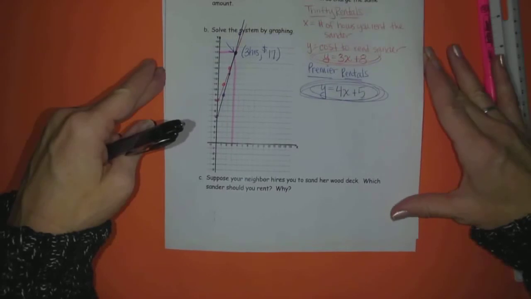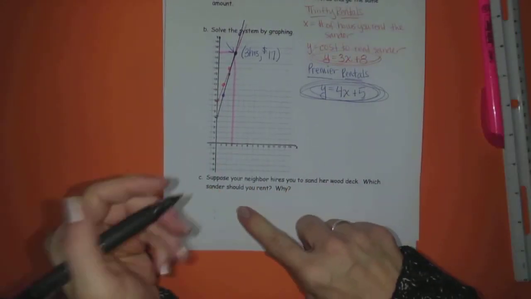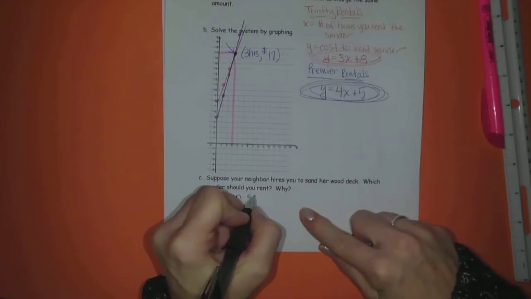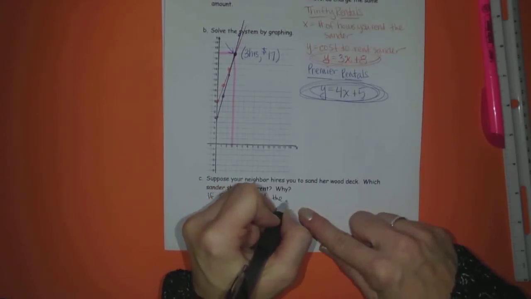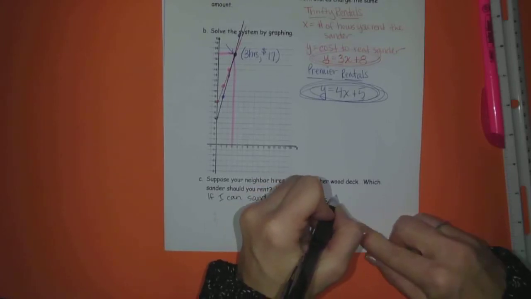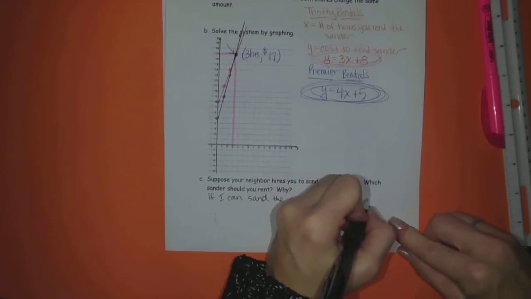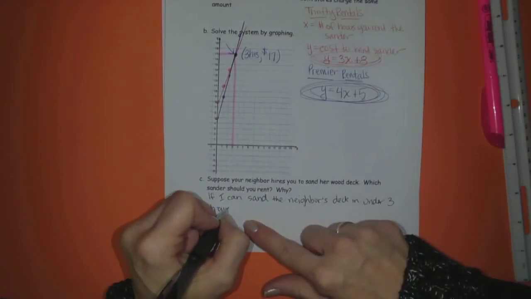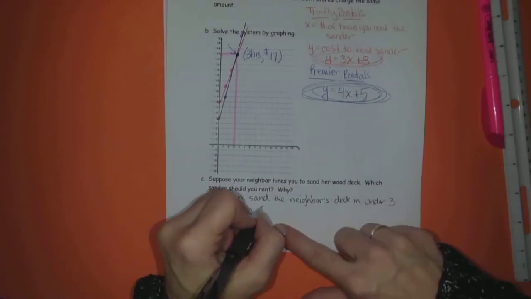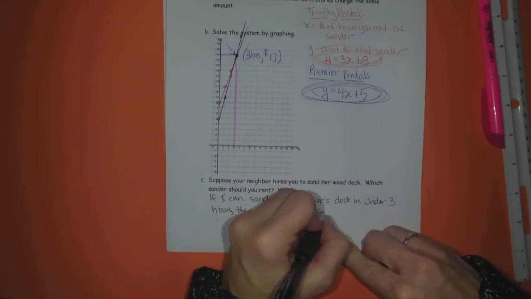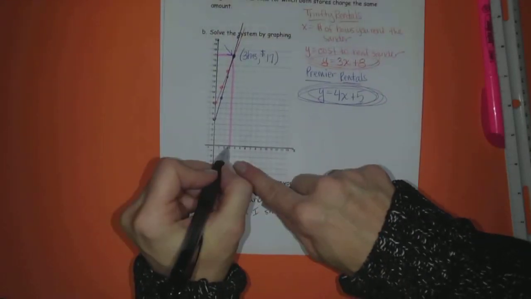If you're back with me now, here's what I'm thinking. If I can sand the neighbor's deck in under 3 hours, then I should rent from, now let's look. So here's 3 hours.